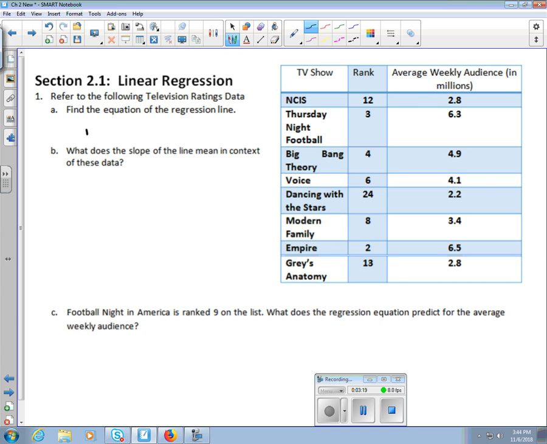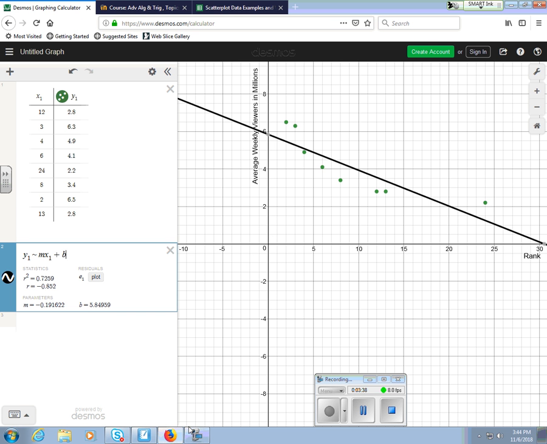So we would just write it as y equals negative 0.191622x plus 5.84959. And that's what you would write for the first one, because that is going to be the regression equation.